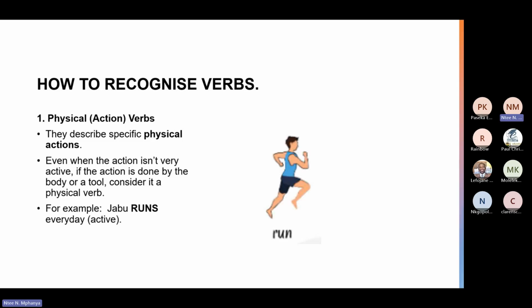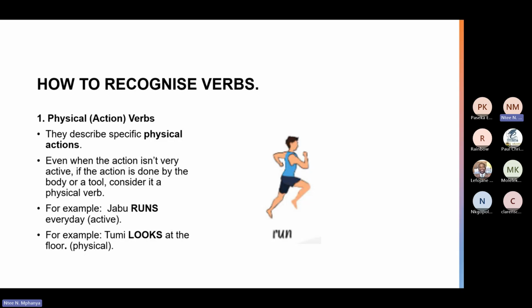Here is Jabu. Now, this one is where there is an action. Jabu is actively running. You can see his legs, the knee is bending up and his hands are moving sideways. Therefore, he's actively running.